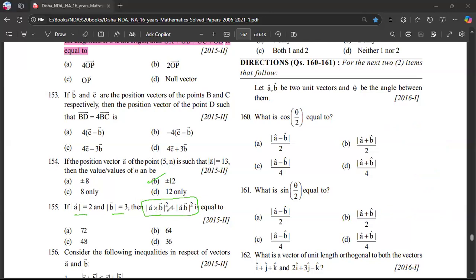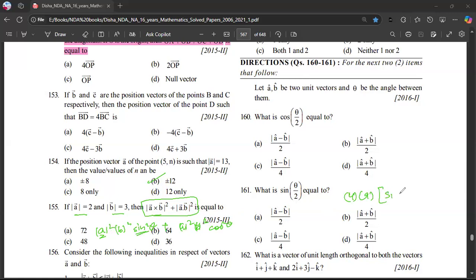So this is actually magnitude of A whole square, magnitude of B whole square, sine square theta, plus the dot product, so magnitude A whole square, magnitude B whole square into cos square theta. What is common is the magnitude whole squares, which are given to us.